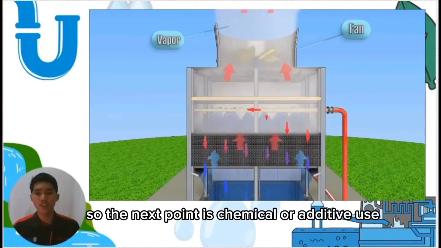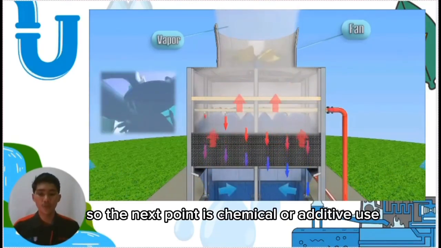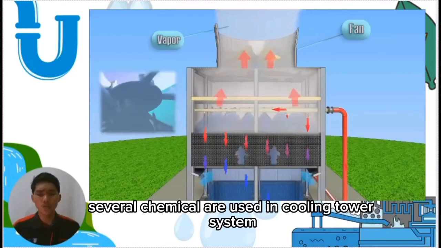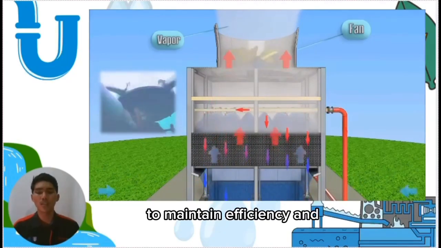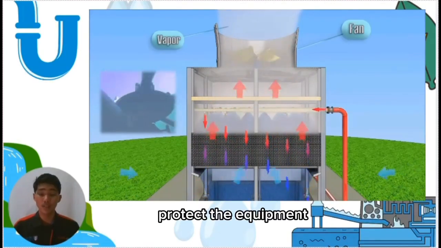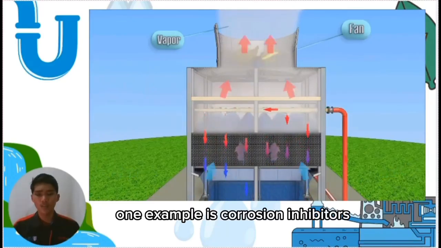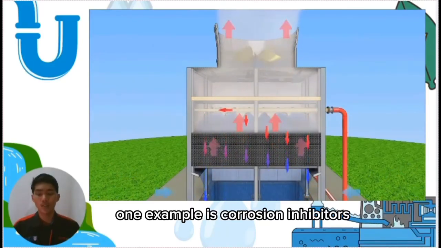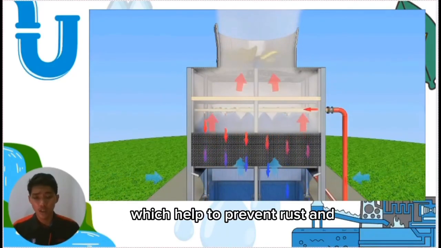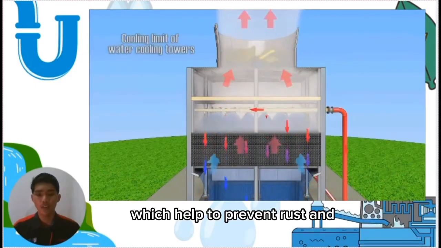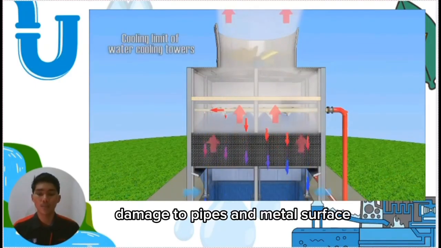So the next point is chemical or additive use. Several chemicals are used in cooling tower system to maintain efficiency and protect the equipment. One example is corrosion inhibitors, which help to prevent rust and damage to pipes and metal surface.